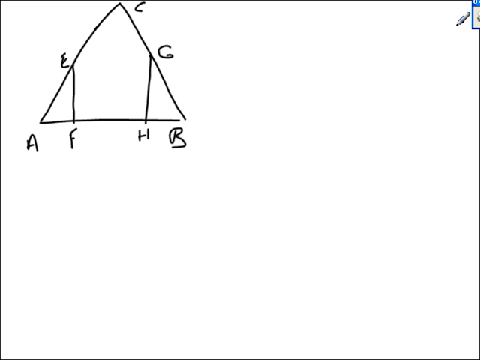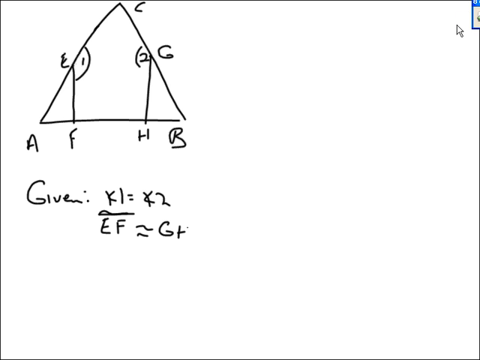And you were told that this angle and this angle are equal. You are given that angle 1 equals angle 2, and you're also given that the lengths of EF and the lengths of GH are congruent.